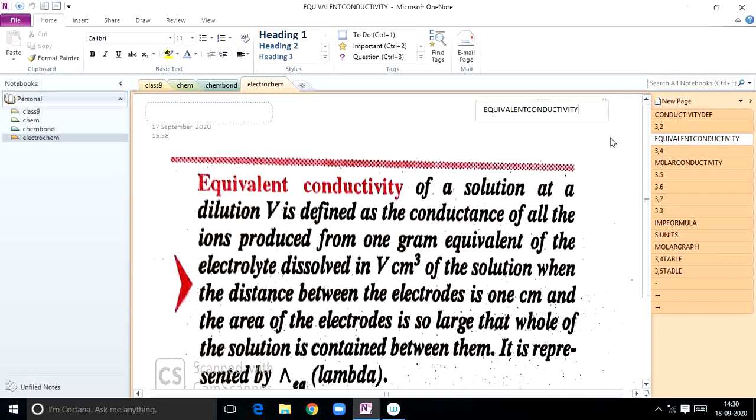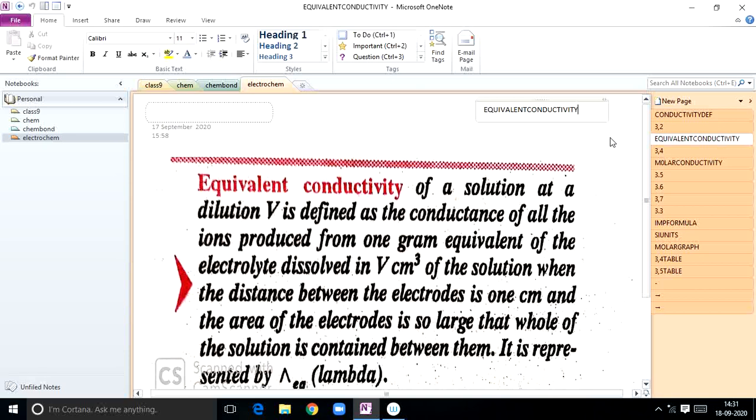In the previous case, for molar conductivity we took 1 gram mole of an electrolyte, but here, instead of 1 mole, we are taking 1 gram equivalent of an electrolyte. There we took it in terms of moles; here we take 1 gram equivalent of the electrolyte dissolved in V centimeter cube of the solution.